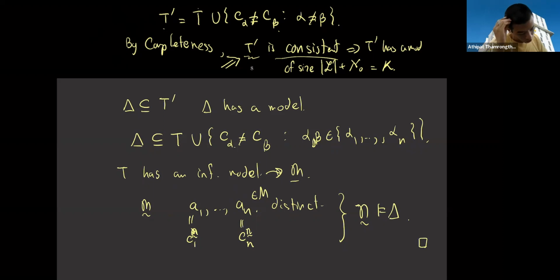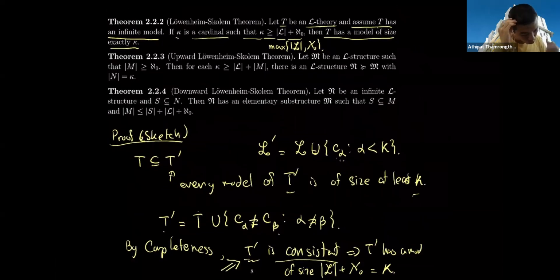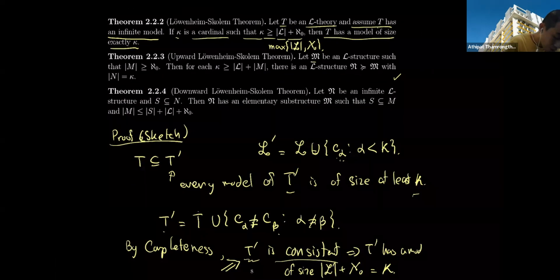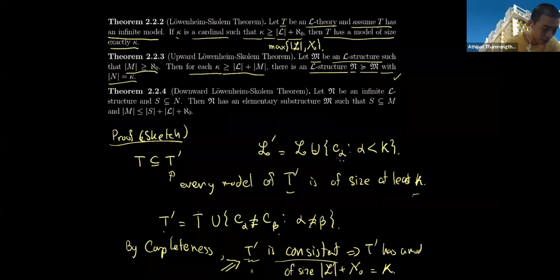After we have the Löwenheim-Skolem theorem, we can also have two more versions of it. The upward Löwenheim-Skolem theorem says that if M is an L-structure such that M is infinite, and for each kappa greater than or equal to the cardinality of L plus the cardinality of M, you can find an L-structure N that is an elementary extension of M and has size precisely kappa.